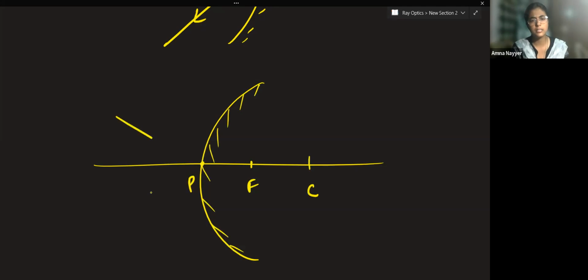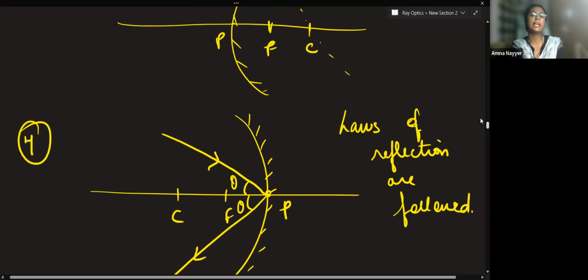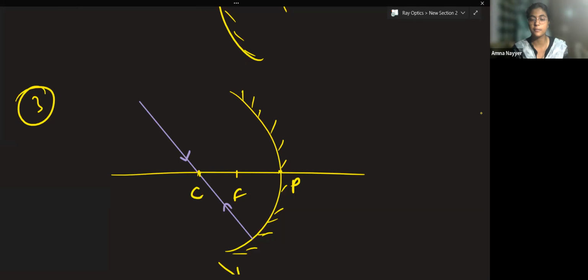Here like this. So it will get reflected like this. It follows the laws of reflection that we have studied. Two laws were there, no? Incident ray, the reflected ray and normal lie in the same plane. These are laws of reflection.